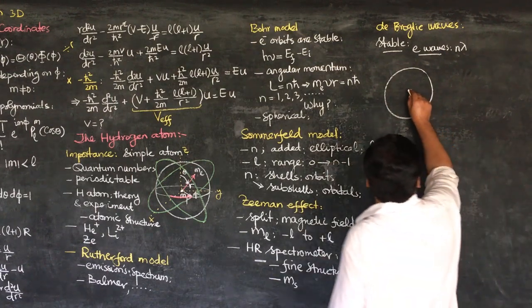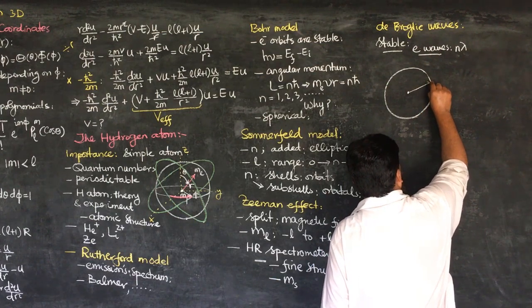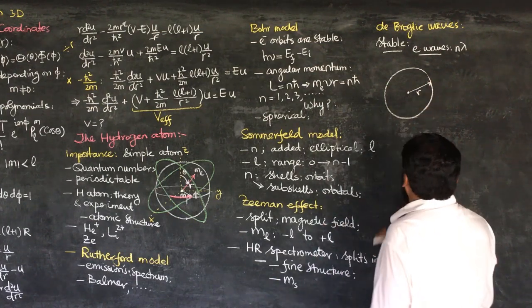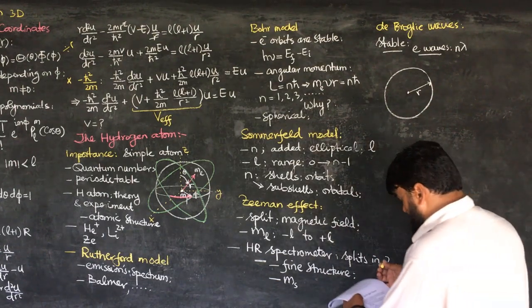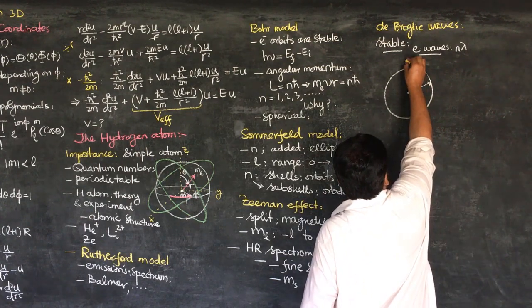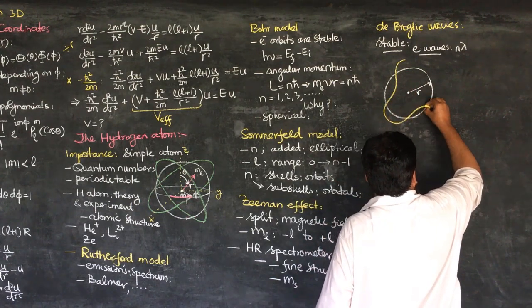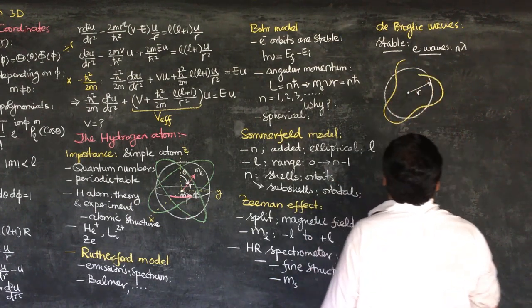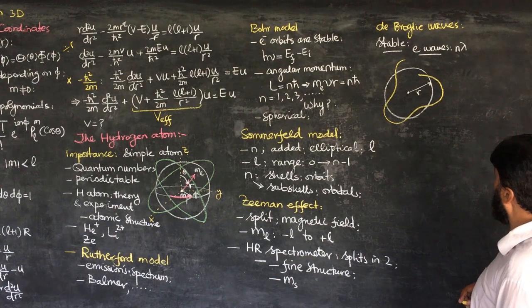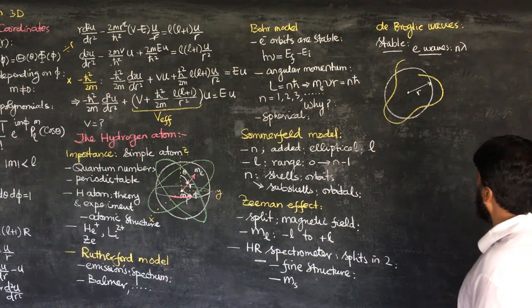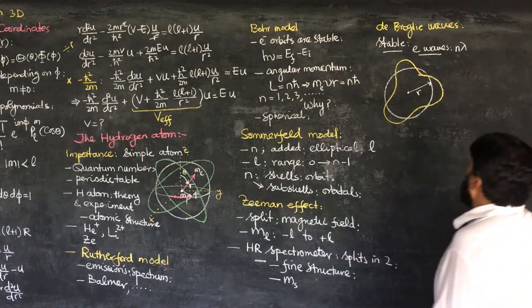On a two-dimensional surface, I mark it like a circle with a wave around it.